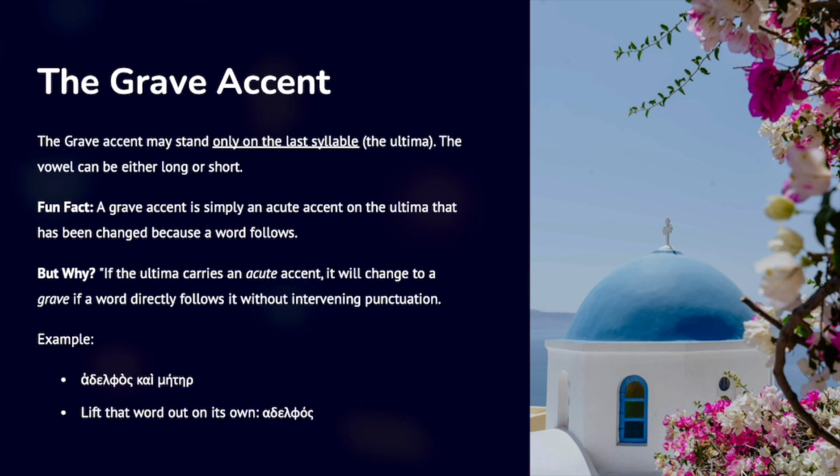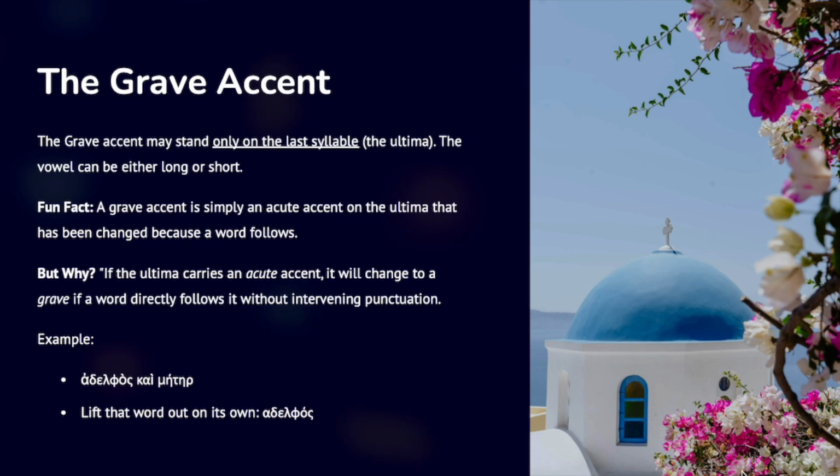The grave accent is simply an acute accent on the ultima that's been changed because a word follows it with no intervening punctuation, and so it had to become a grave. And that's the only reason why it exists, and that's the only value that it still has when we accent words today. It's really just an acute that had to change its angle, letting you know that a word is following with no intervening punctuation. So this is the grave.